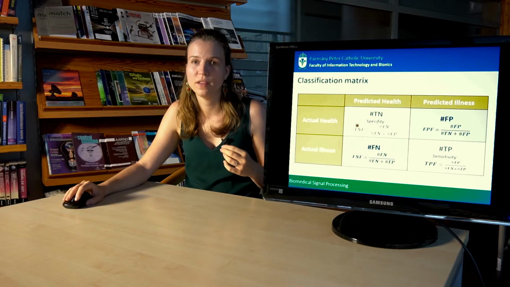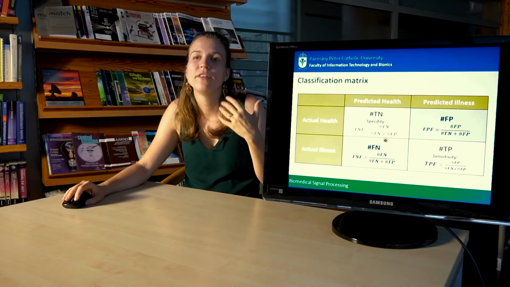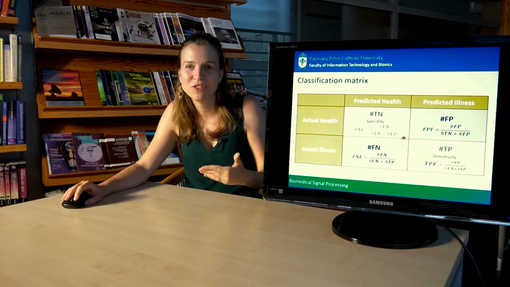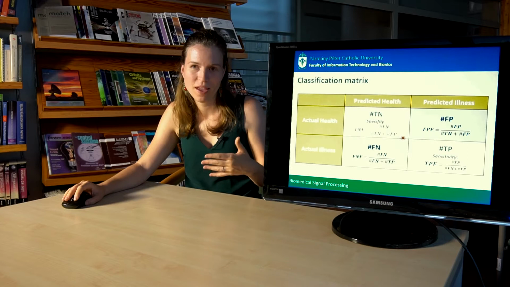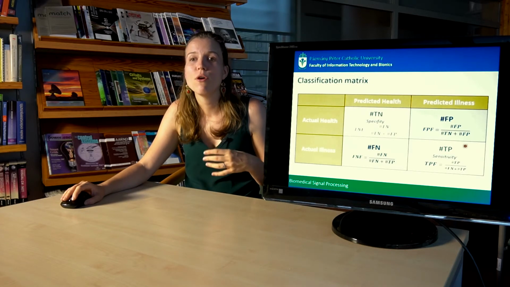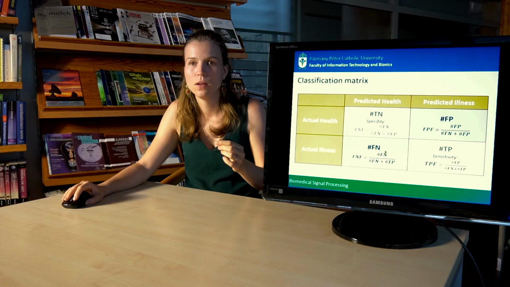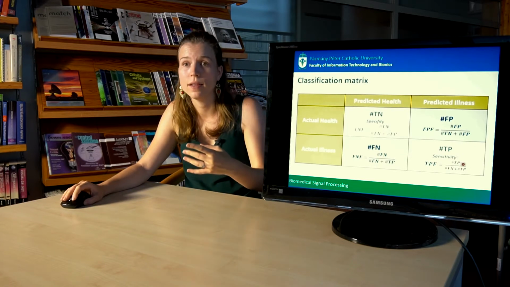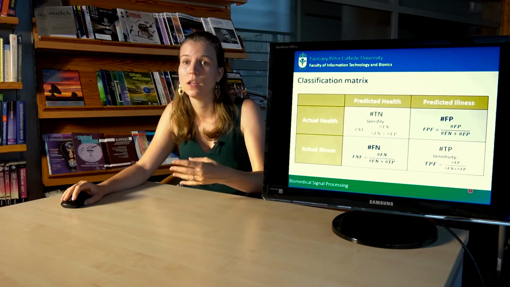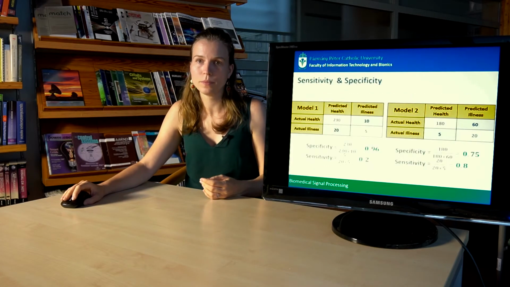So the specificity is, from the actually healthy people, how many are tested healthy, and the sensitivity is that from the actually ill people, how many tested ill, tested positive. This will be the sensitivity of our test.